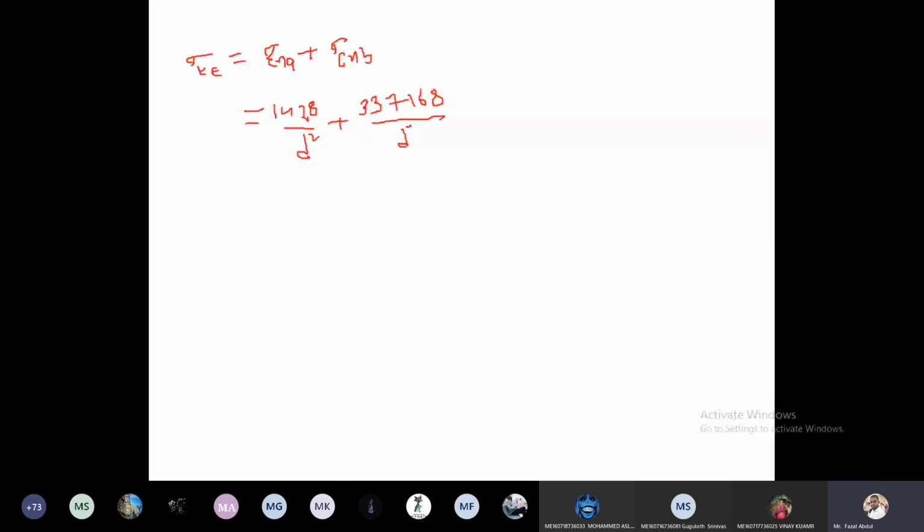If you add these two, this is the total equivalent stress, otherwise the net equivalent stress.